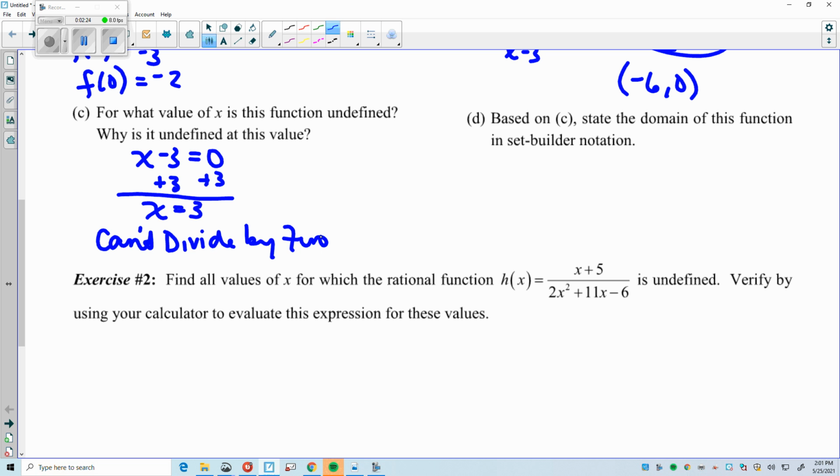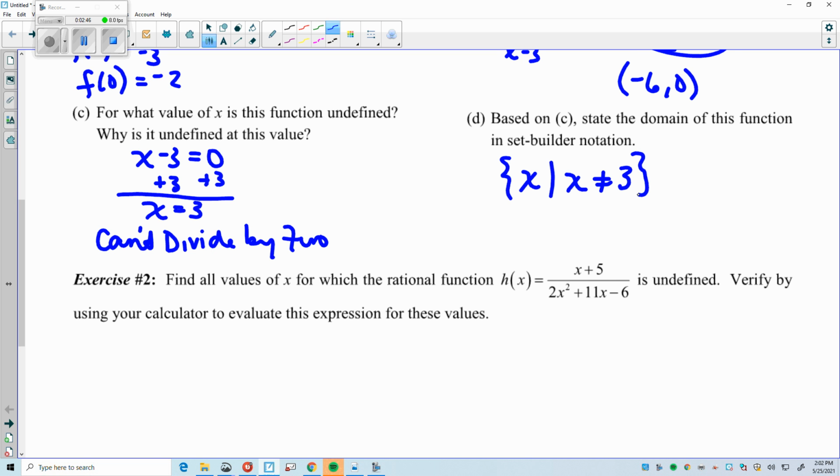Okay, so based on C, it says we're going to state the domain of this function in set builder notation. So set builder, we get our fancy brackets. We can say x such that x does not equal 3. So I want all real numbers except for x cannot equal 3.